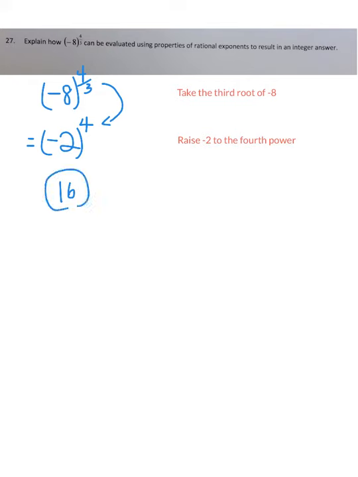So your final answer would be 16. So again, this explains our first step. We took the cube root of -8, because we do power over root, and we got -2. Then we take that -2 and we raise it to the 4th power, and we got 16. And our answer is an integer answer.